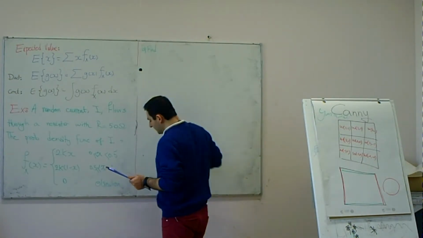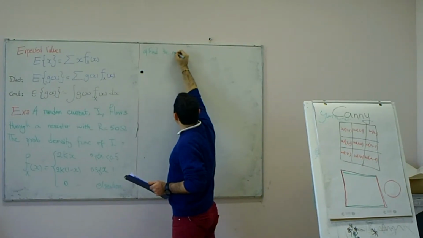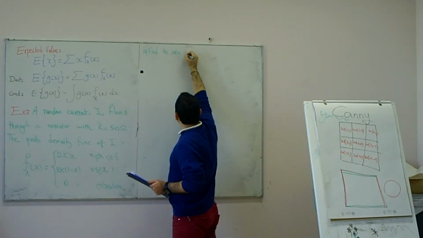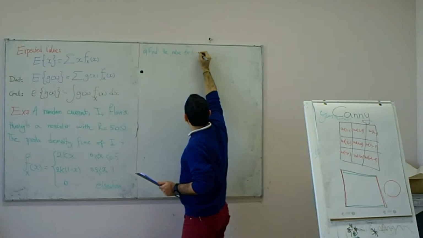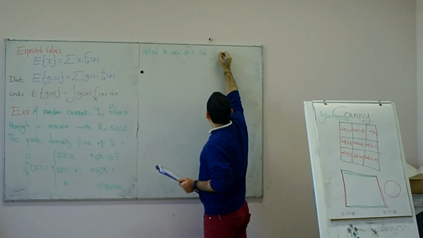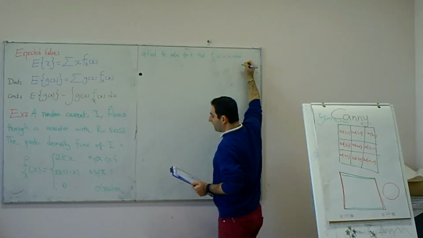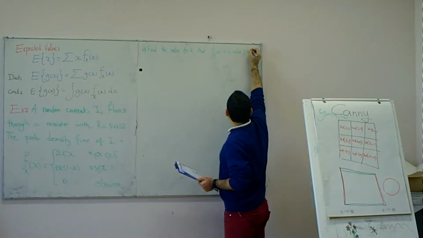A. Find the value for k such that f(x) is a valid PDF.